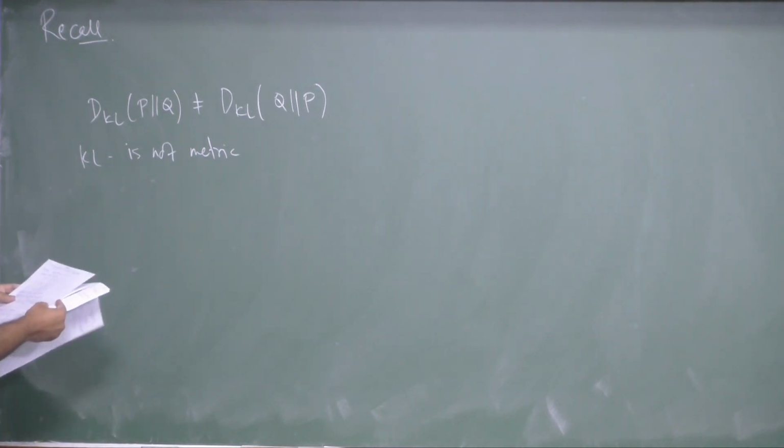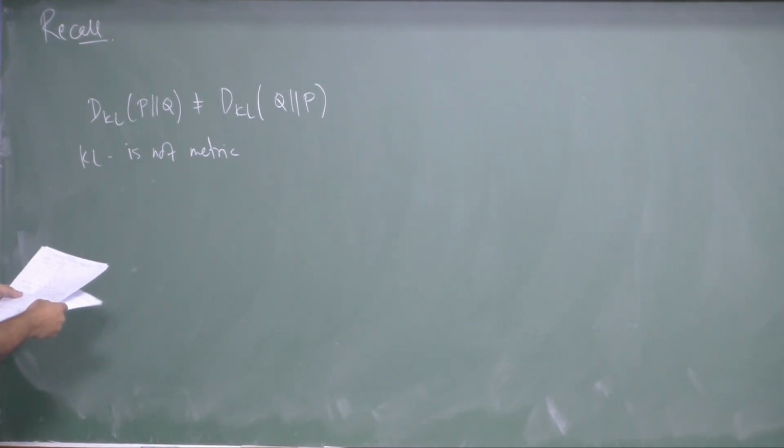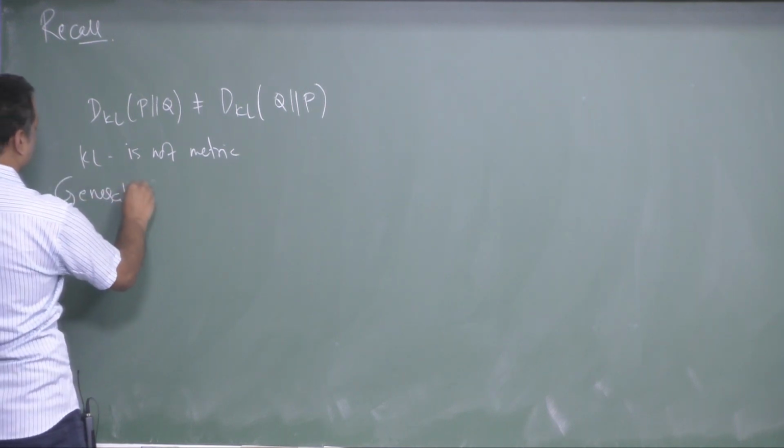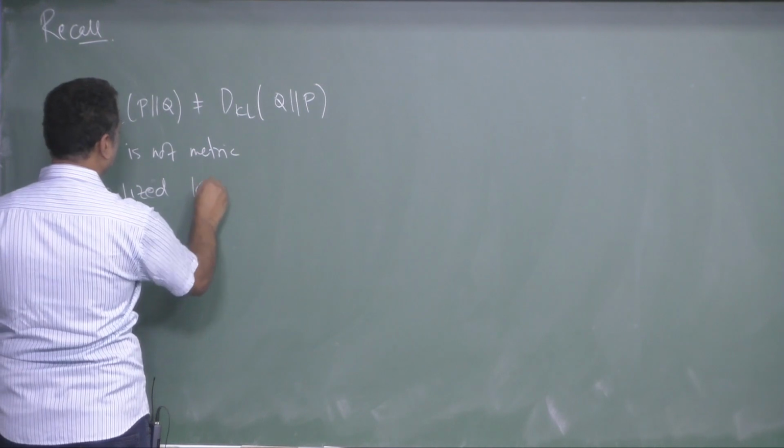And then we tried to generalize KL divergence. So while doing so, we brought in something called F divergence, a generalized KL divergence.